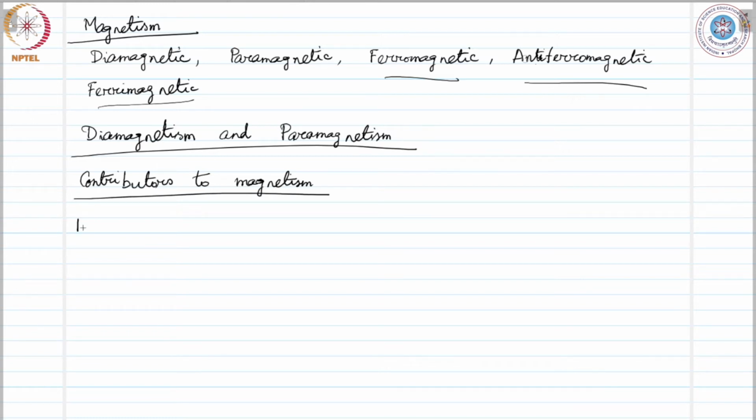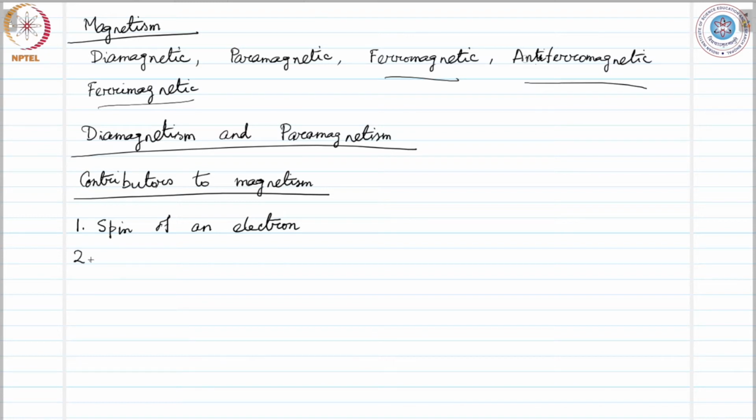The first thing that contributes is the spin of an electron. Electrons have spin that has only quantum mechanical origin. There is no classical analog to it, and this contributes hugely to the magnetic properties of materials.